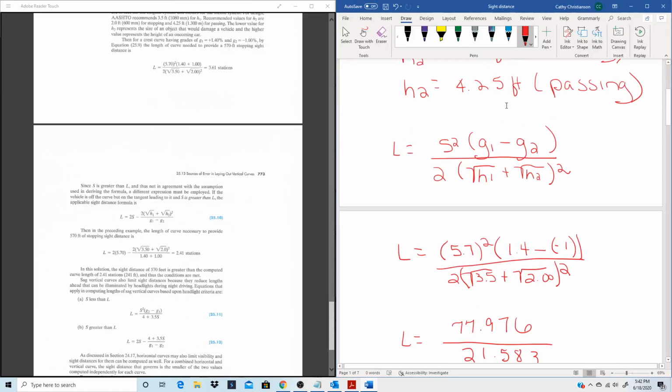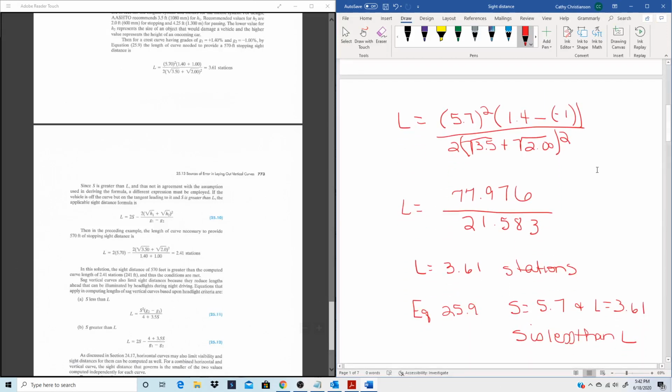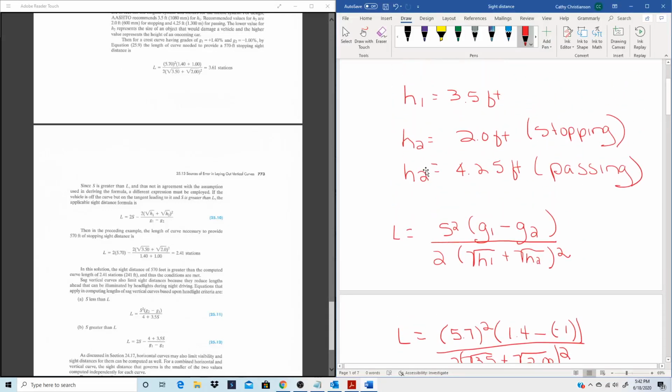Your H2 would be 4.25. So if you're trying to solve for a passing distance, you would just use the different H2, which is 4.25, and everything else would usually be given. Alright, so both of these are for a crest.